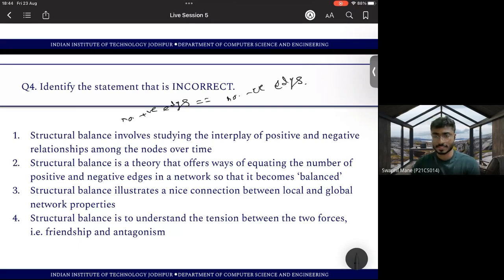In the concept of structural balance, we are finding whether a triadic structure is balanced or not, based on its positive and negative relationships. We are not checking whether the number of positive edges and negative edges is exactly equal.